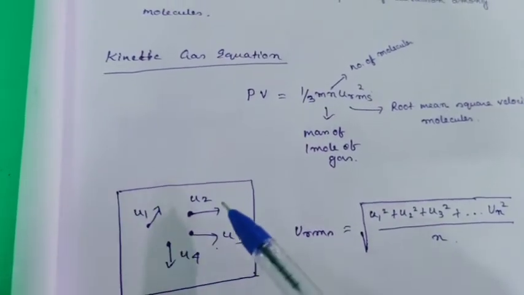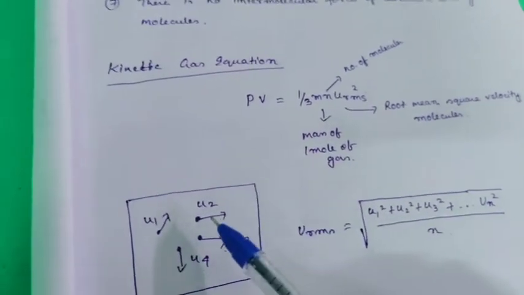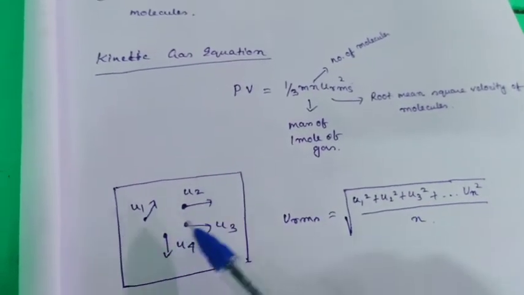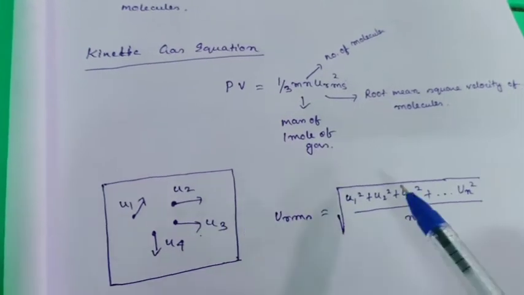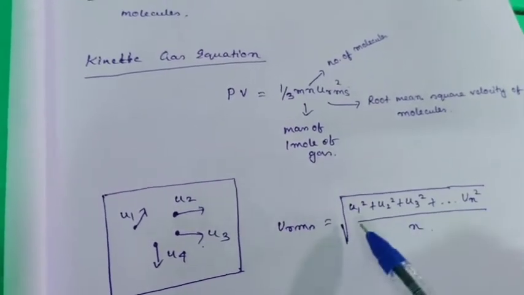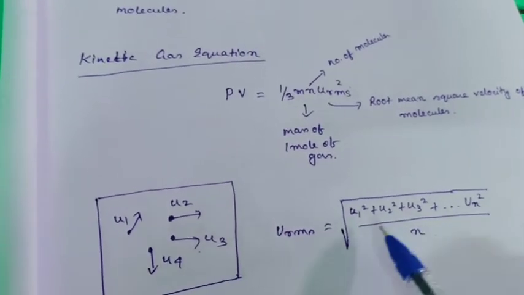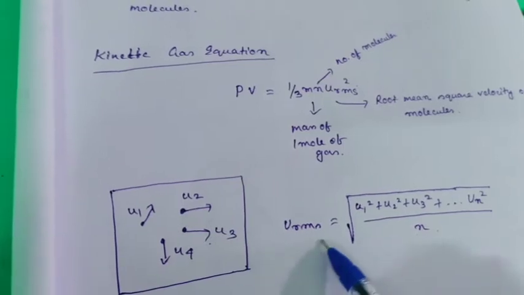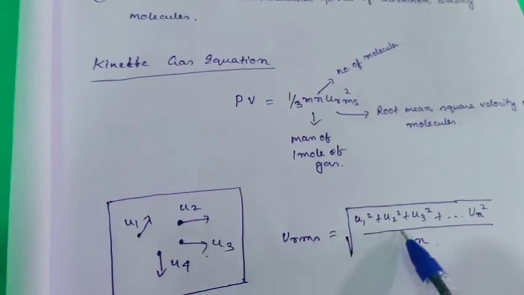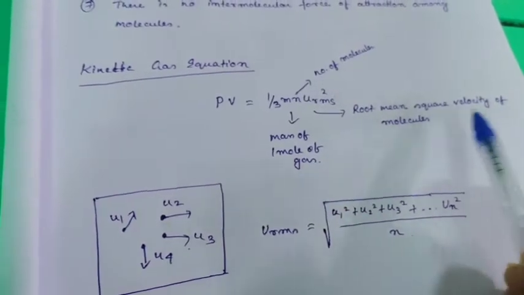If we consider the average and take its mean, we can write u_rms equal to root over u1 square plus u2 square plus up to un square, divided by n, where n is the number of molecules. This is called the root mean square velocity of molecules.